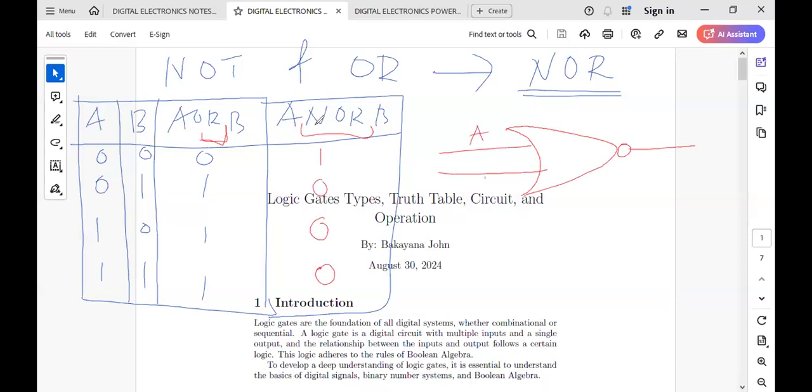This is A and that is B. You know, the circle comes from the NOT gate. Is that okay?